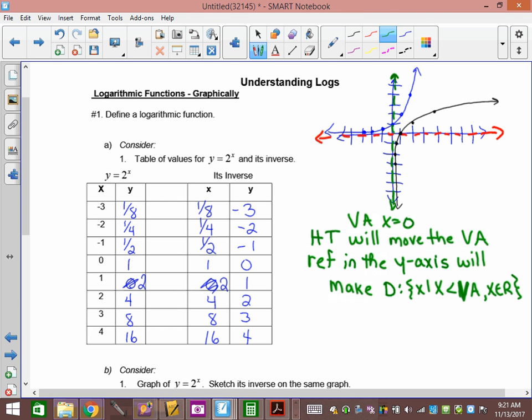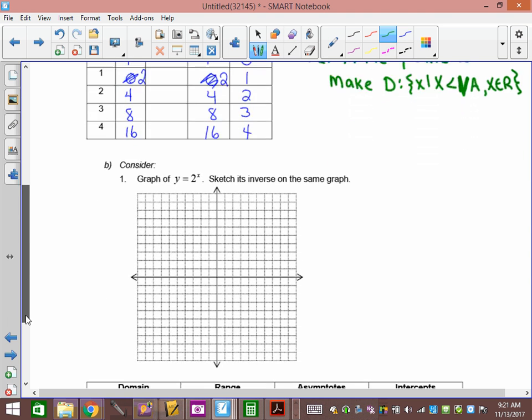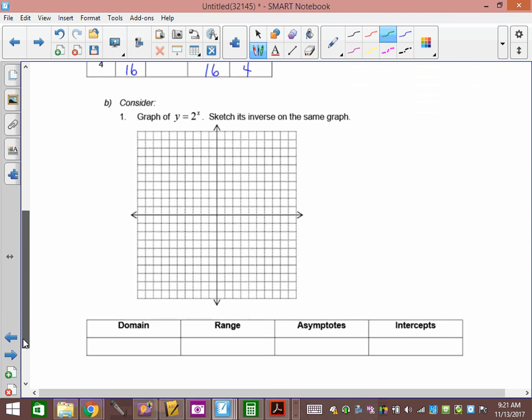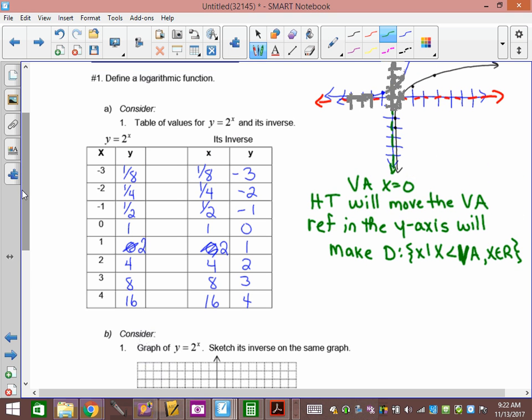Make sense? So you could sketch it down here. I didn't, but we went through it up here. Okay? So then let's flip over to the next page.